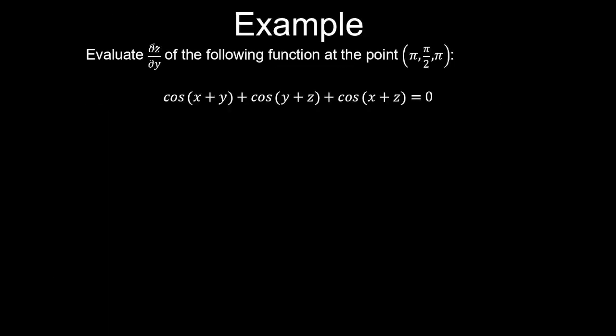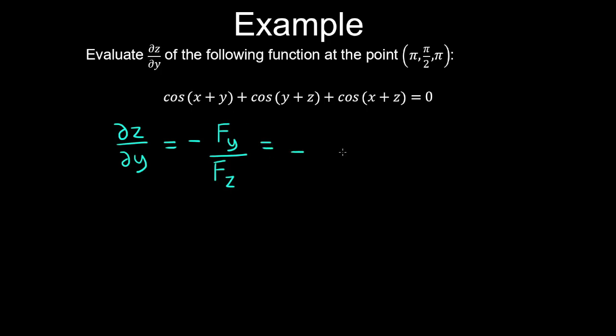Evaluate the partial derivative of z with respect to y given the following function at the given point. So using implicit differentiation, the partial of z with respect to y is the negative of the partial derivative of the implicitly defined function with respect to y on the partial derivative with respect to z.